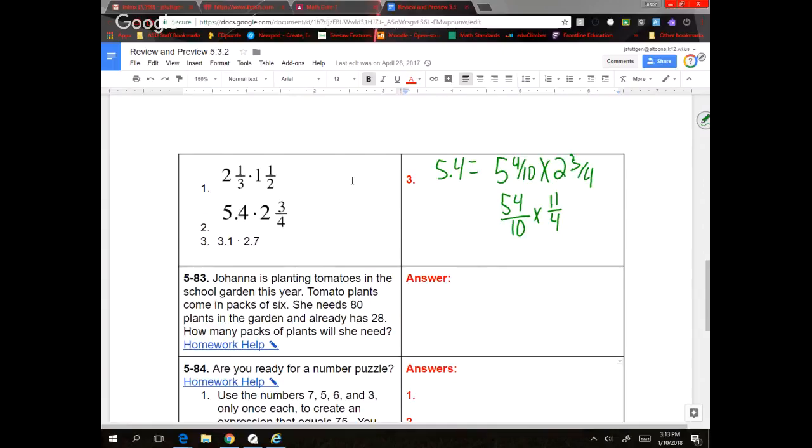For this one, you should get 40 out of the bottom, and then I have to figure out what 54 times 11 is. Let me solve this quick. I get 594. This would technically be the correct answer.